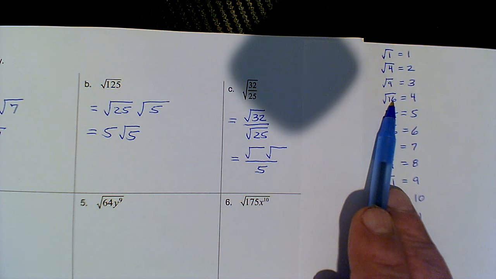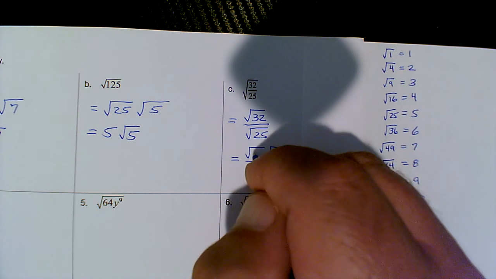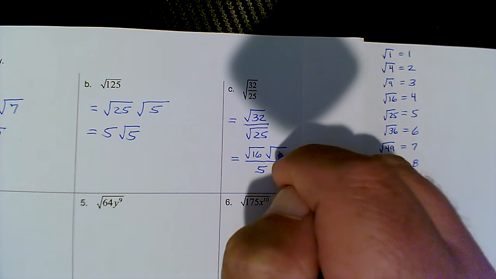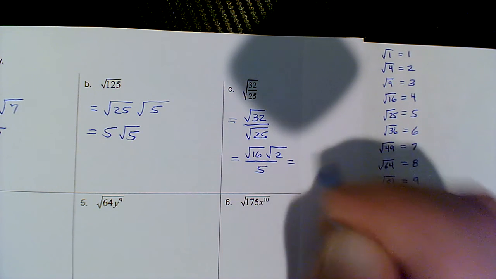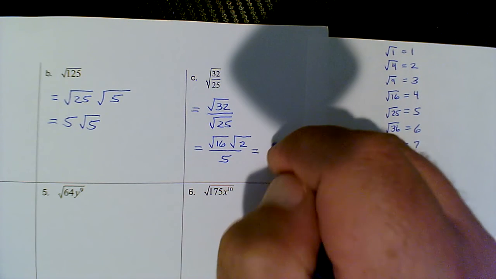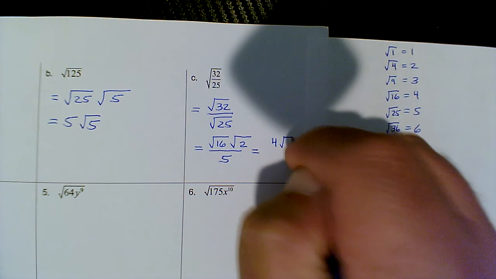Okay, moving on to part D. Got some variables involved, but now the exponents are odd. So if the exponent is odd, what we want to do is take out all of the even factors, which is really just going to be one less than the exponent.